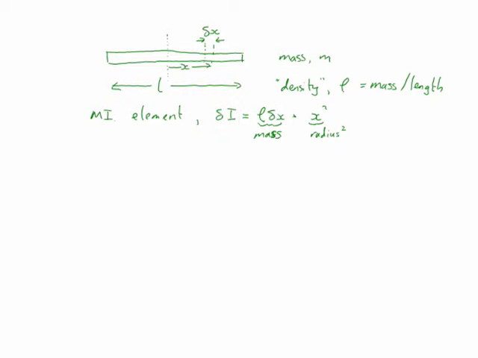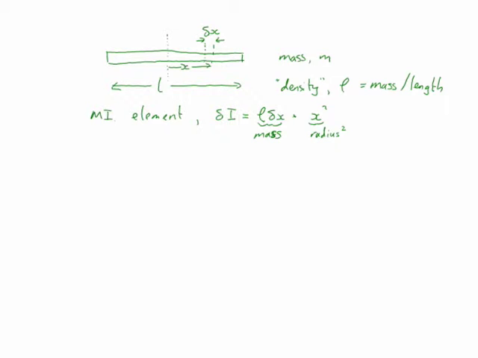But now, of course, the moment of inertia of this element varies over the length of the element, because here we're a distance x away, and here we're a distance x plus delta x away, and so that's going to have a different moment of inertia. So we want to shrink the element down until it becomes a point.